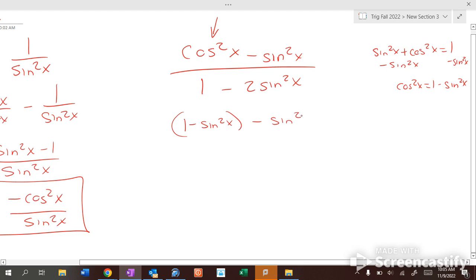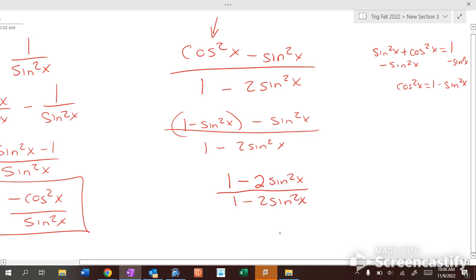So we have 1 minus sine squared of x, minus sine squared of x, over 1 minus 2 sine squared of x. What does my numerator become? 1 minus, negative sine squared of x plus negative sine squared of x is negative 2 sine squared of x.